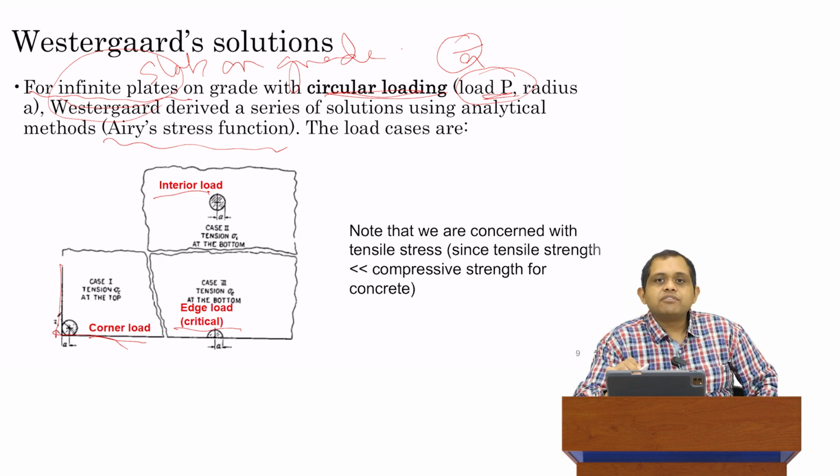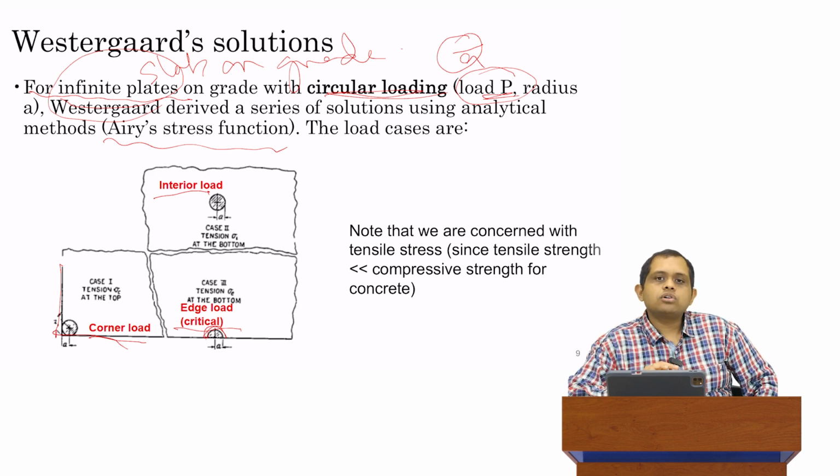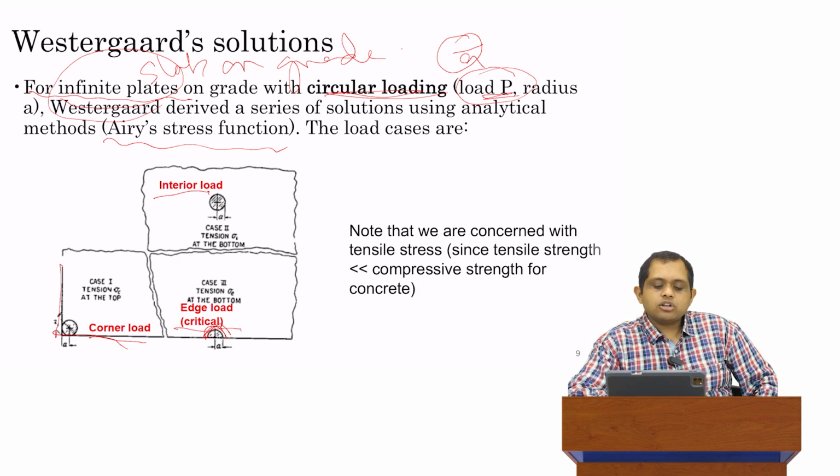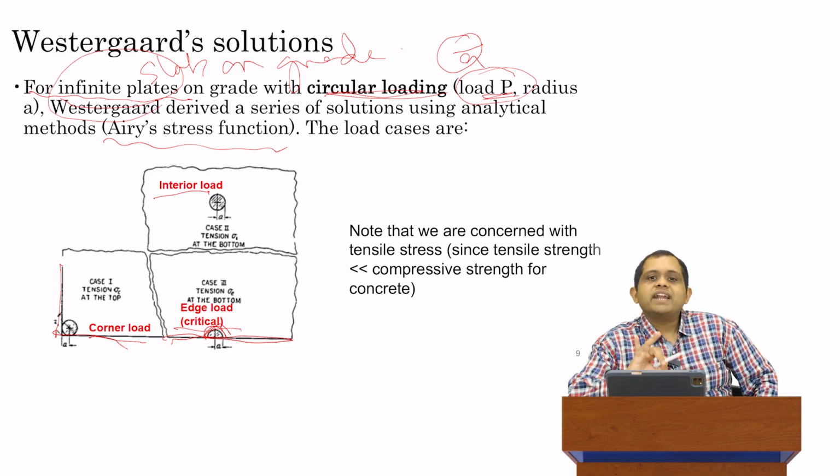That's why we call this an infinite plate. And for edge loading, first of all, what Westergaard assumes is that the edge loading is actually a semicircle. This diagram, by the way, is taken exactly from his original paper. So he assumes that the loading is actually semicircular. So half the load is on one slab, half the load is on the next slab. For this semicircular loading, he assumes then that, of course, we have this one edge over here since we are on the joint, but the three remaining joints are very far away.